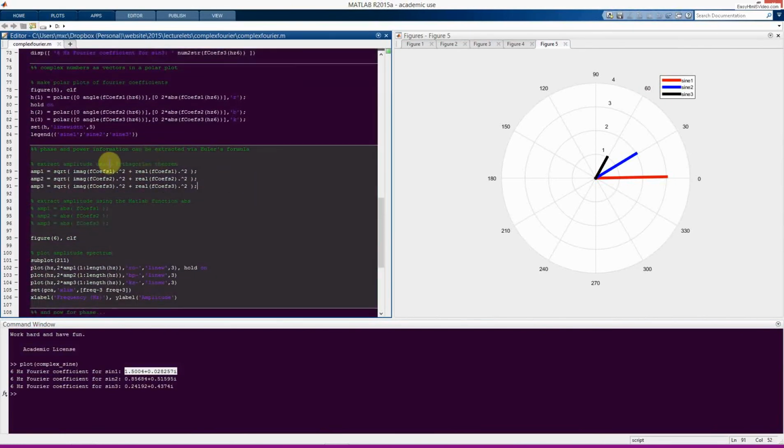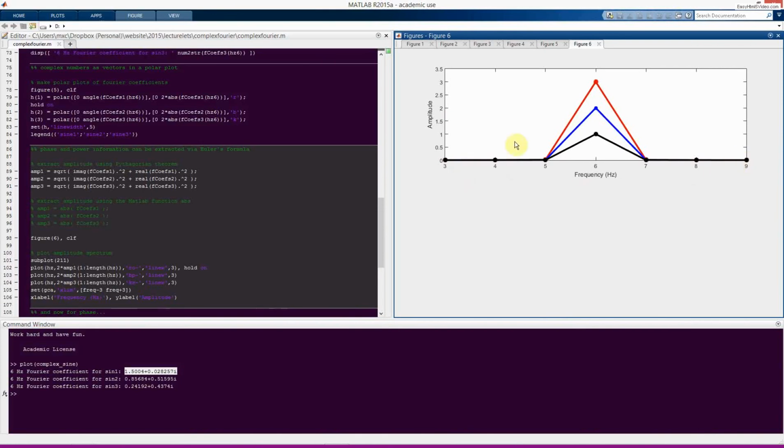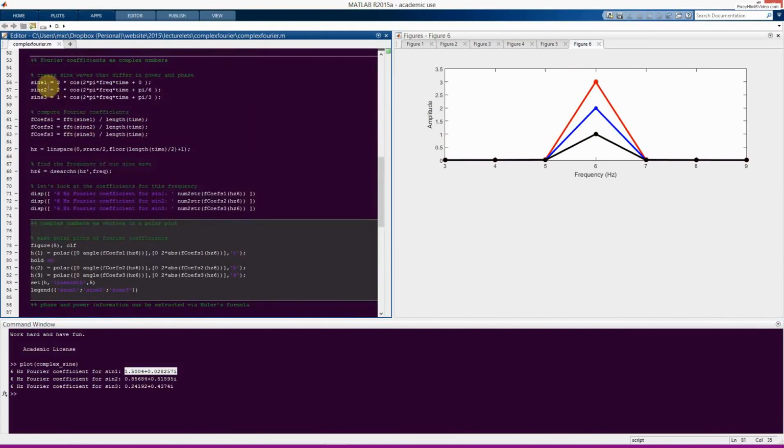Okay. So now we can unpack this a little bit further. Here I'm going to compute the amplitudes of the Fourier coefficients, and here I do it the manual way using the Pythagorean theorem. So we take the square root of b squared plus a squared, and that is the amplitude. Now you can see this is the Fourier magnitude of the Fourier coefficients for these 3 sine waves, and of course this maps on very well to what we specified up here in the code.